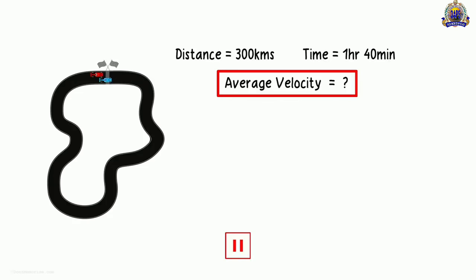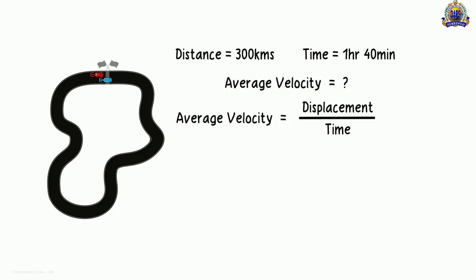What will be the average velocity here? Using the formula for average velocity, it is displacement upon time. So what is the displacement?